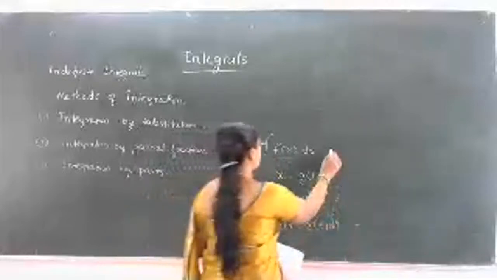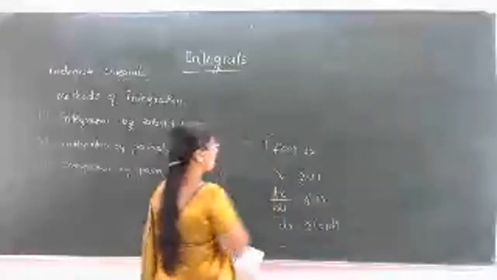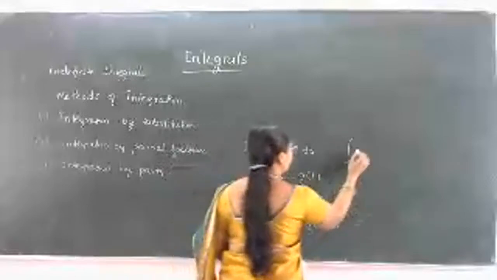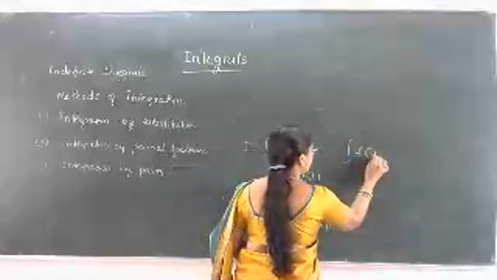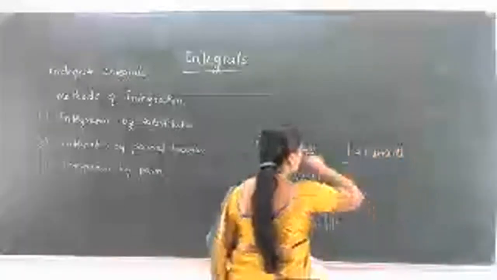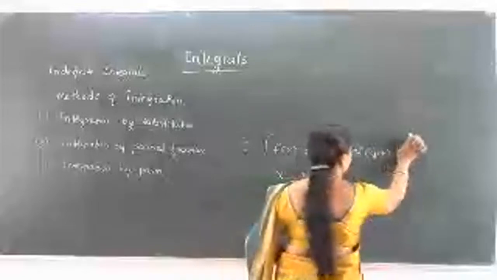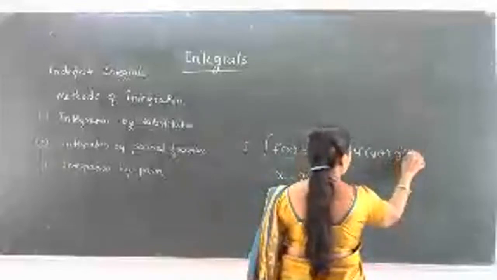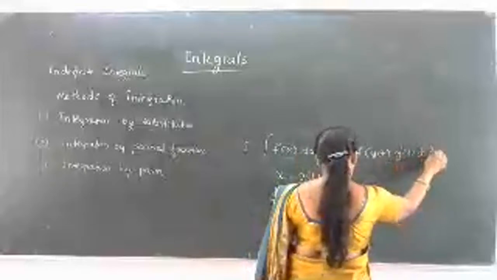Then the integration of f of x dx is translated into integration of f of g of t into g dash t into dt.